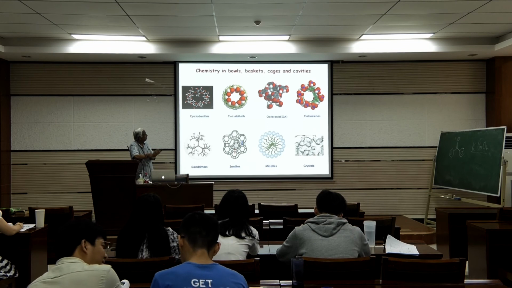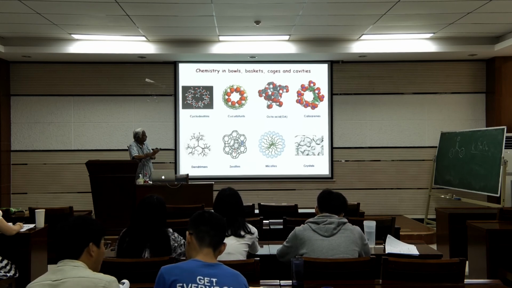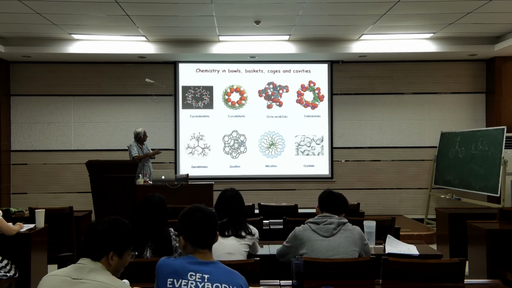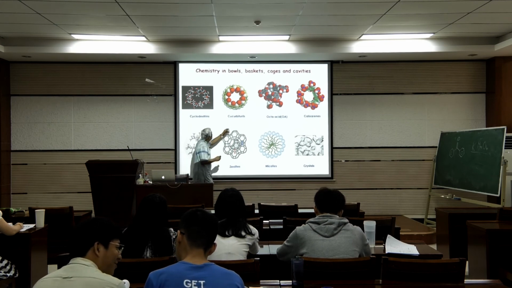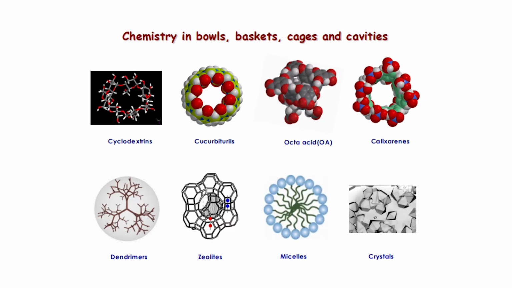There is a whole bunch of these kinds of molecules, where you can see there is a small hole here, and a hole here. If you take naphthalene in water or in some solvent, it is going to go all over the place.